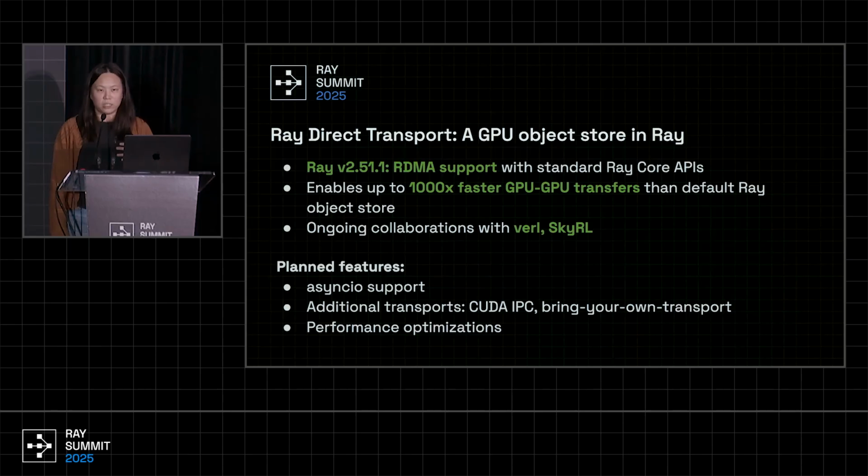The Ray object store is more straightforward to use, right? It has object immutability, and it's very clear how much state and how many resources you're using. With this, I would only use it if the data transfer becomes a bottleneck. So you would really want to profile your application and see.